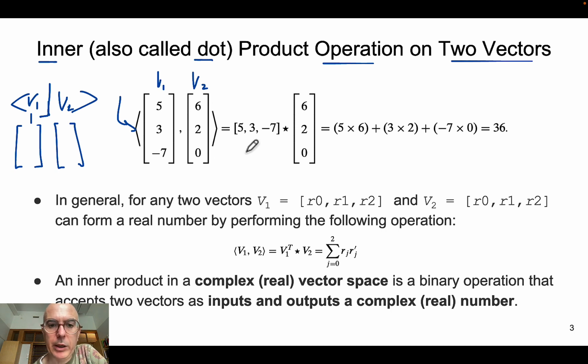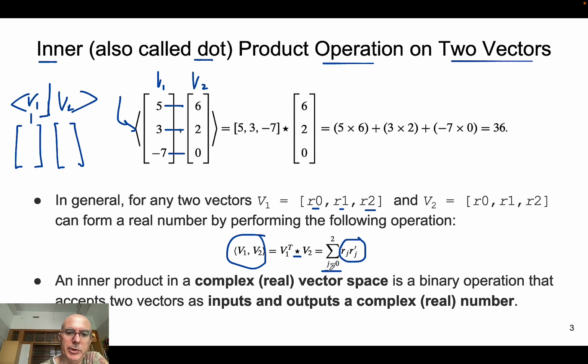So how do we calculate the inner product? Well, we basically multiply element by element and then sum it up. For instance, if we have two vectors in the general form row 0, row 1, and row 3, we can take the inner product, which can also be written with the star, but basically it means multiplying element by element and then summing up the results.